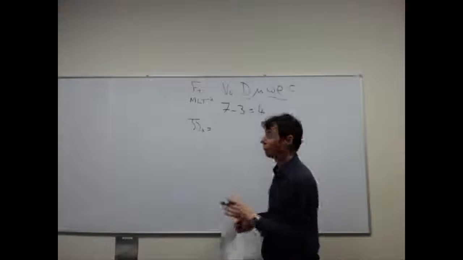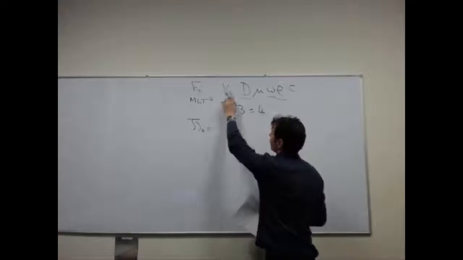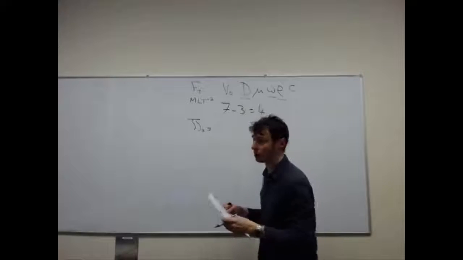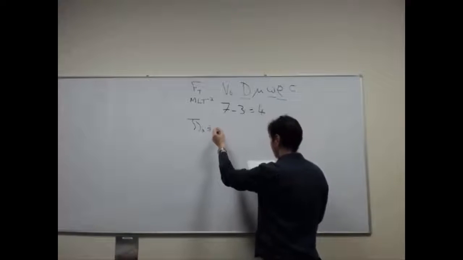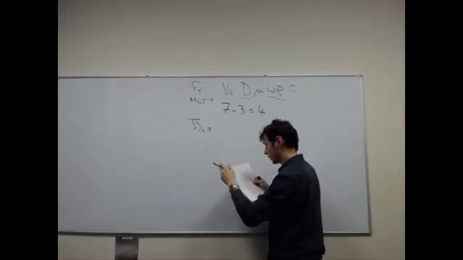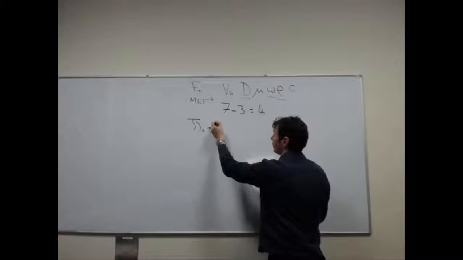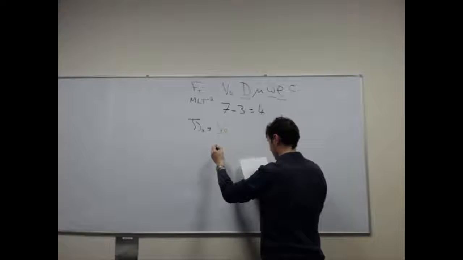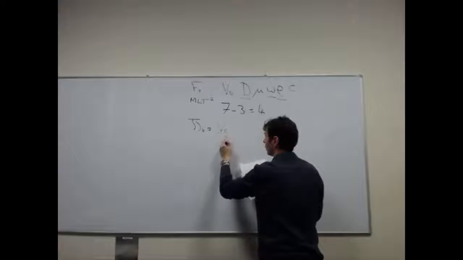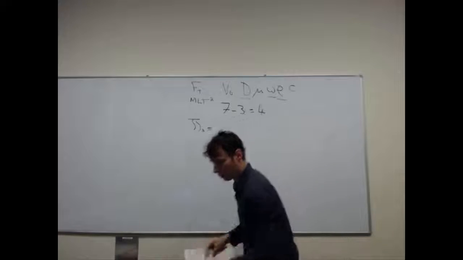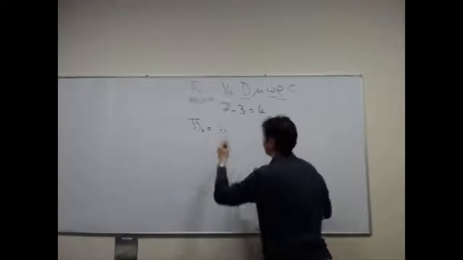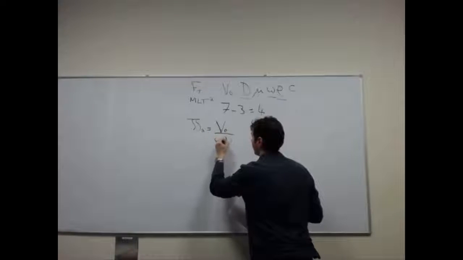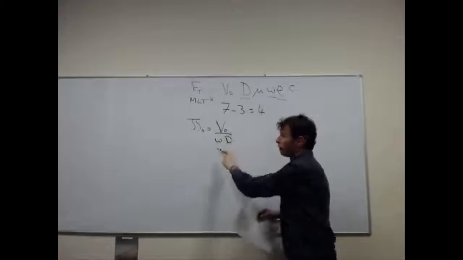For the next pi group, pi 2, we're going to use B0 as our fixed variable. So we do the Buckingham Pi analysis. We get V0 over omega d.